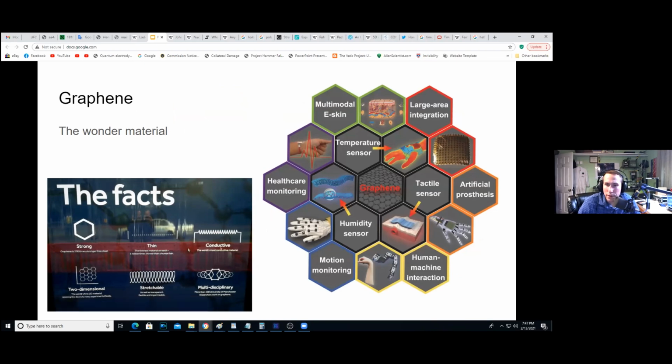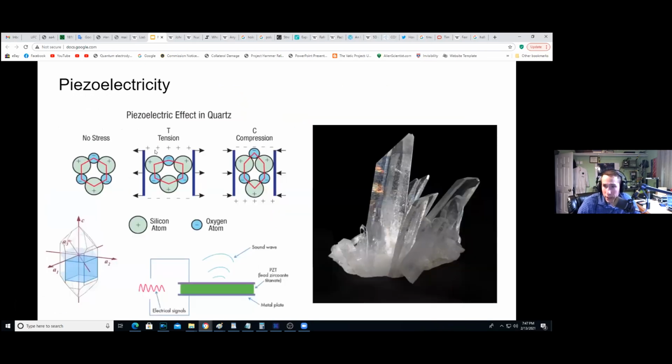It's strong, it's thin, it's conductive, it's truly two-dimensional, it's stretchable, it's multidisciplinary, and it has a lot of applications in a lot of different fields. I just believe we haven't even begun to see the full extent of applications of graphene yet. It's definitely a technology that we need to consider in our experiments going forward.